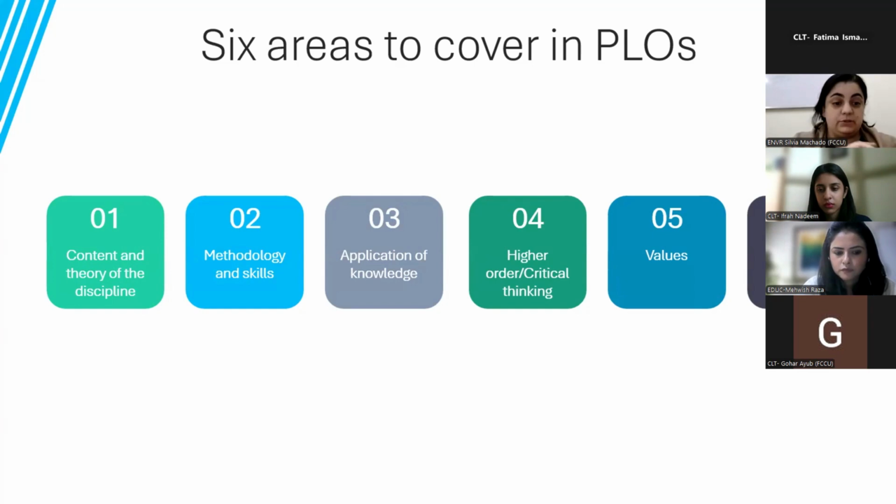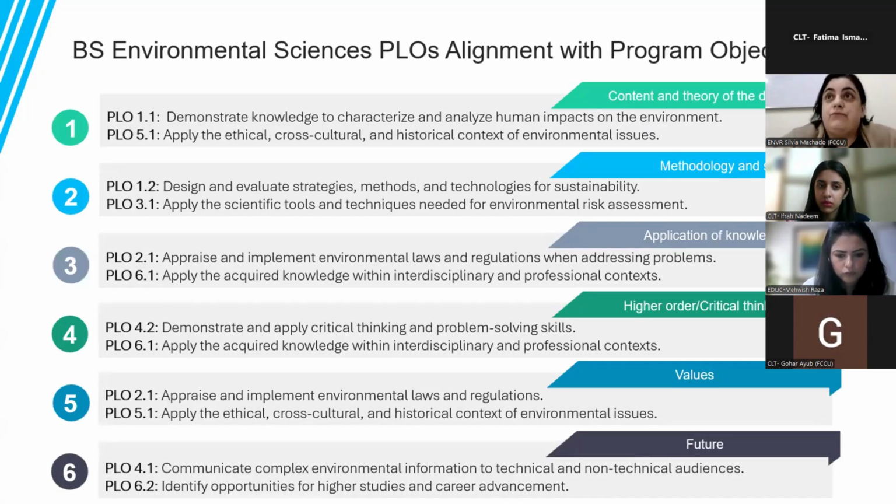This means that we are able to integrate in our courses each one of these 6 areas, and within the 9 or 10 program learning outcomes. That means that if we want to cover content and theory of the discipline within PLO 1.1 or 5.1, we will be able to integrate one assessment that will cover this area, and so forth for the 6 areas that we are developing.